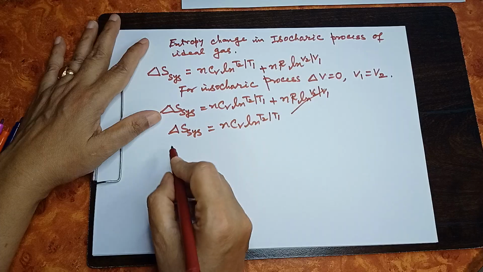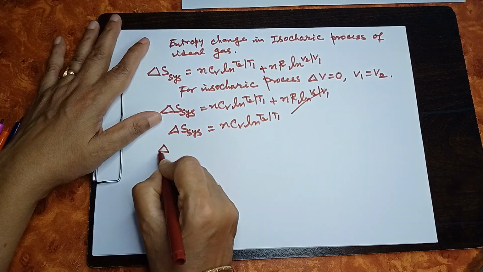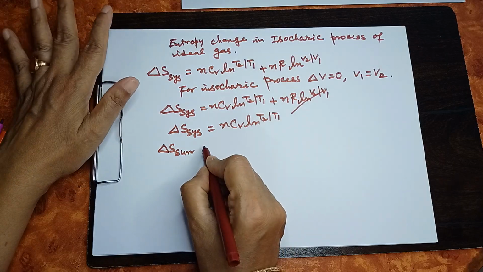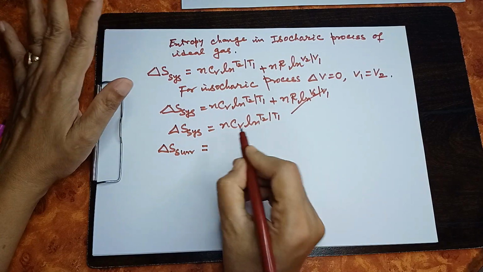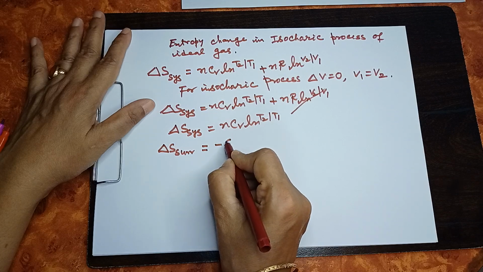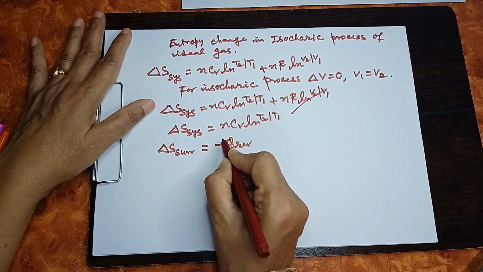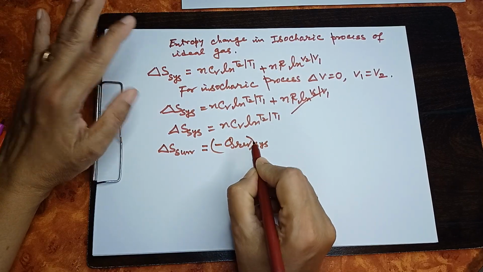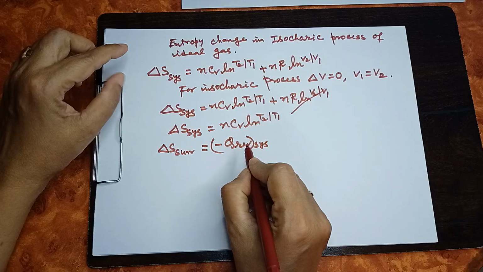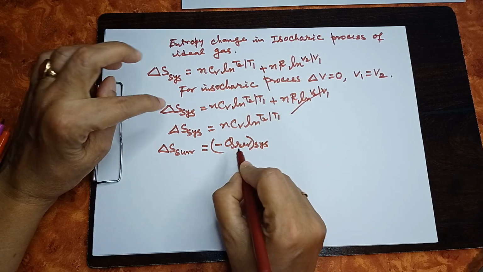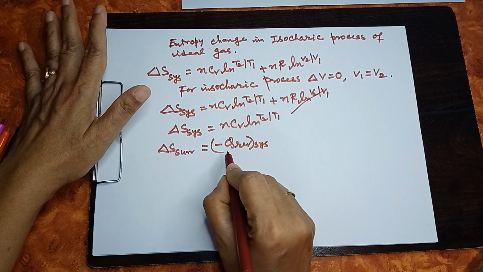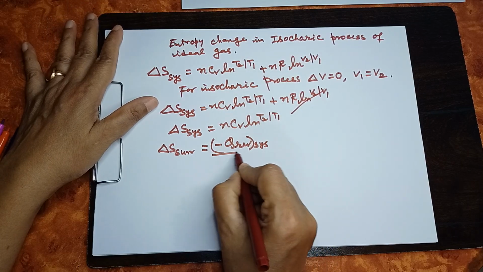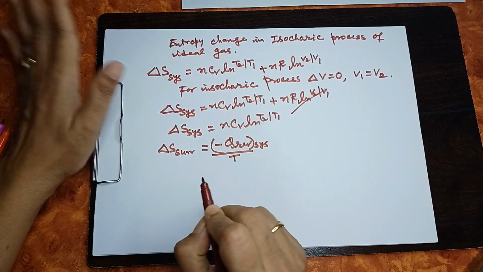Now, let's see the entropy change in the surroundings. Delta S surroundings will be equal to minus Q reversible of system. If I write in terms of system, heat is absorbed by the system, that means the surrounding has released this much. So minus Q reversible of system divided by this temperature.